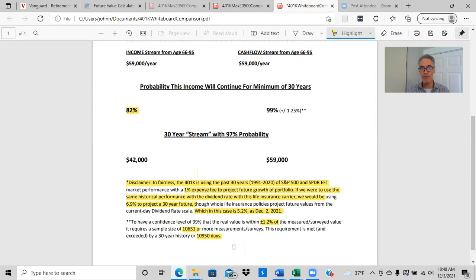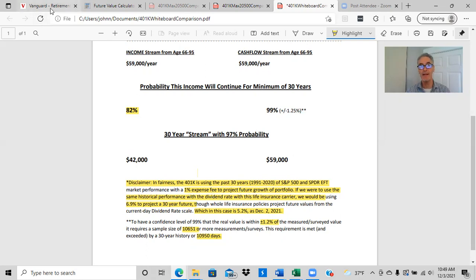Now, with that said, this 30-year history of paying out dividends, again, hypothetical, not guaranteed, that equates to 10,950 days. So we've met the requirement to reach a 99% probability. But because of this plus minus 1.25, I backed that out and they said, well, let's round it down to 97% probability. So we're still 97%, 59,000.